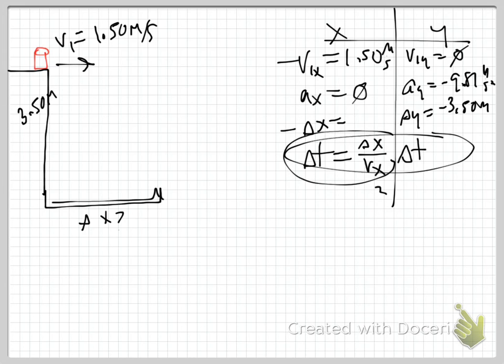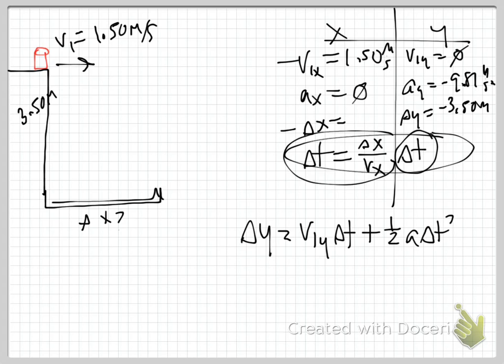The other route you can take is to look at delta t on the y-axis and use delta y equals v_iy delta t plus 1/2 a delta t squared. Well, in this case, that zeroes out. We've got delta y equals 1/2 a sub y delta t squared.